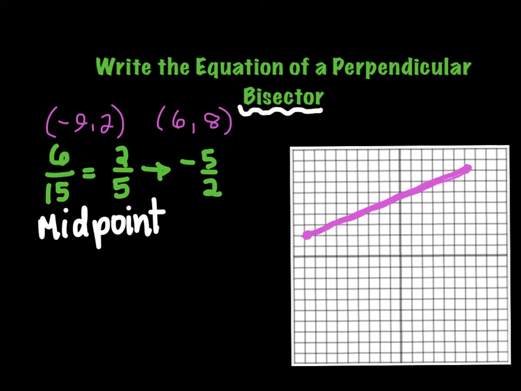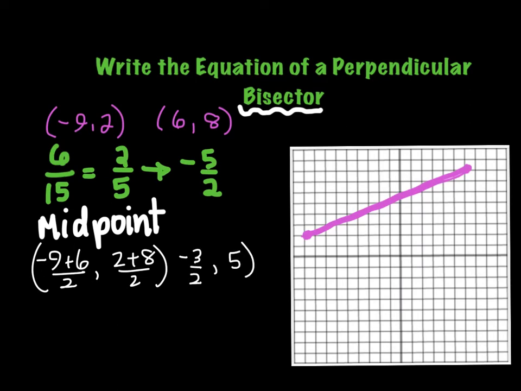And to find the midpoint, I add the x's and average them. So negative 9 plus 6. And I add the y's and average them. So my midpoint is going to be negative 3 over 2 and 10 over 2.